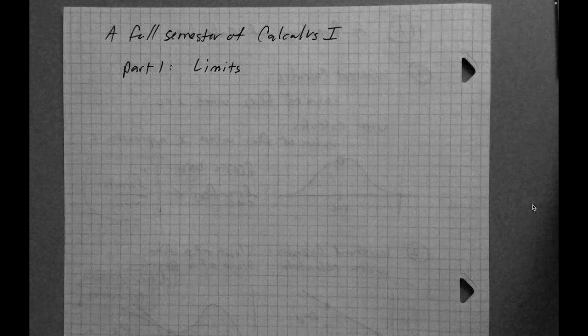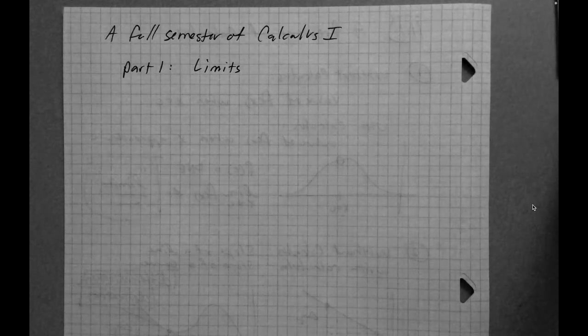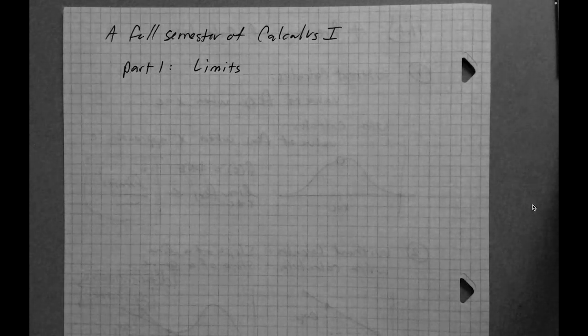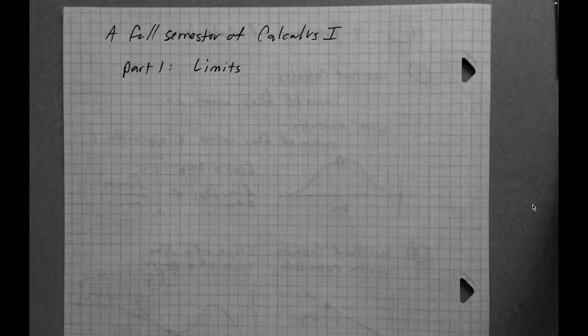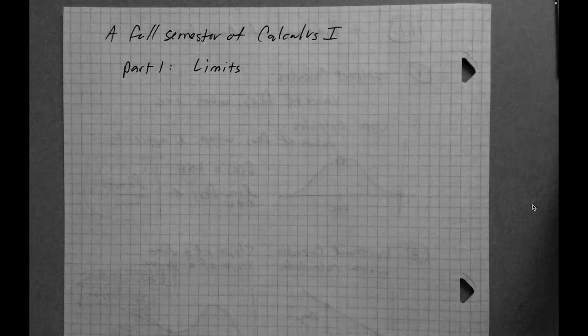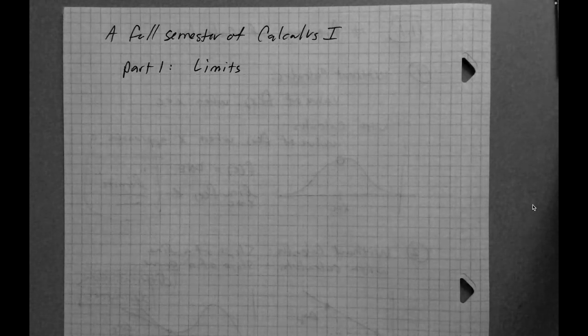What is this new way of thinking about functions that we call limits? And then a lot of time is spent on evaluating limits for given functions. How do I think about this? How do I figure out what the limit is?